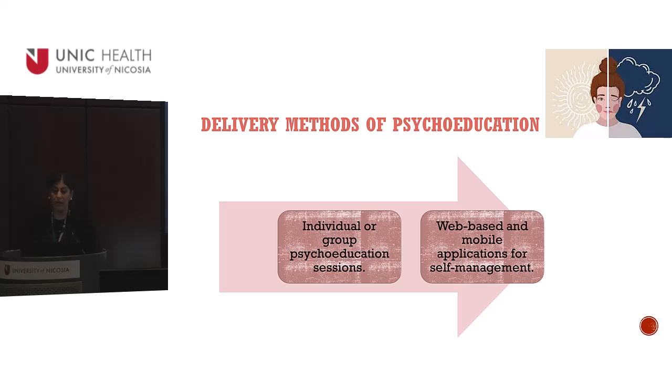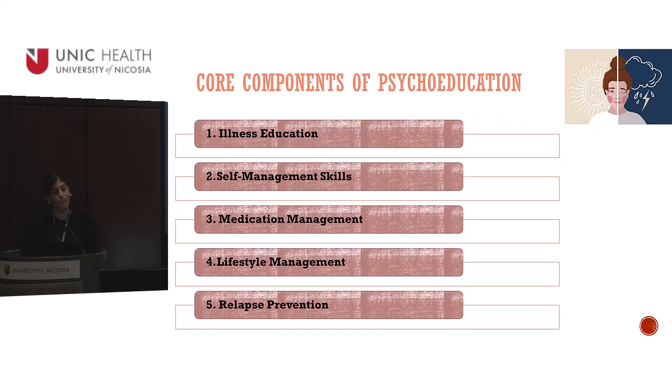Psychoeducation can be delivered through various formats such as individual or group-based sessions, and in some cases it may involve technology such as a mobile application or website. The core components of psychoeducation include illness education.